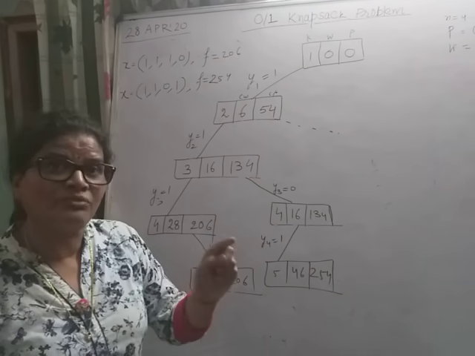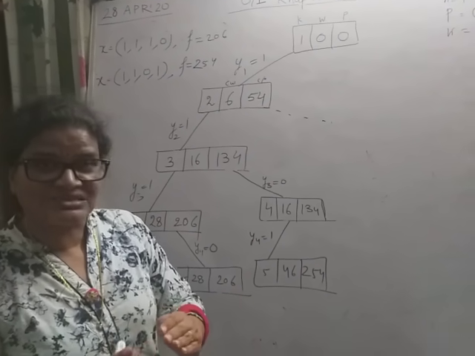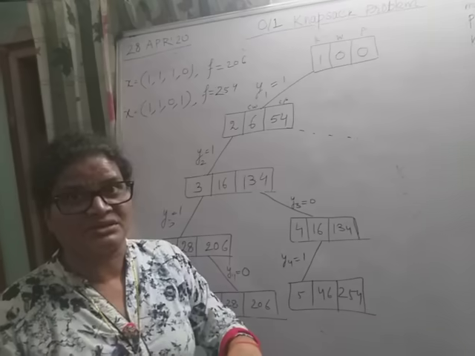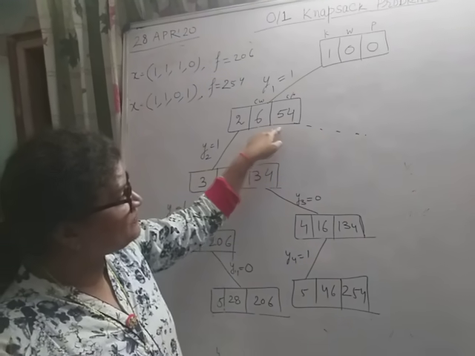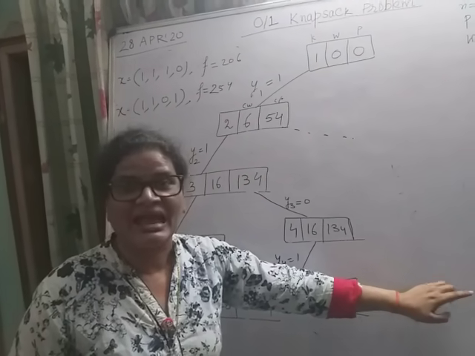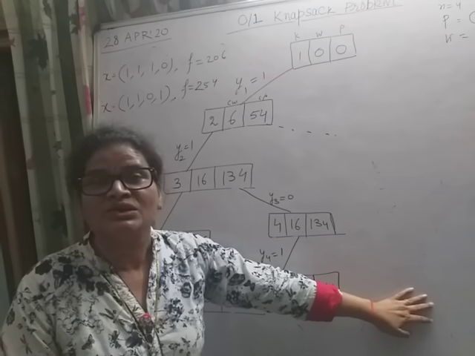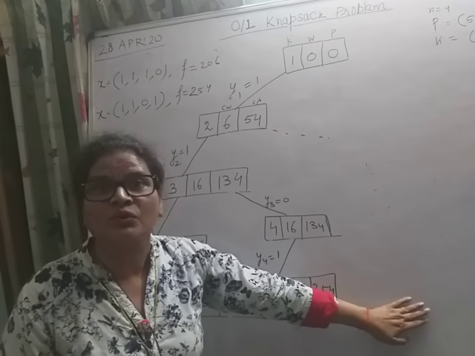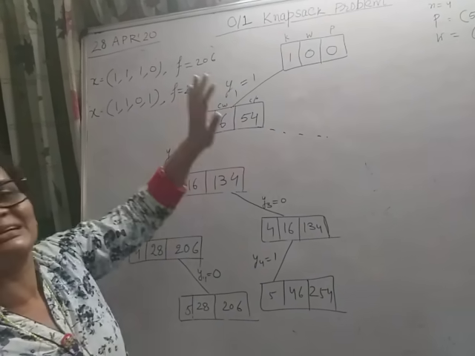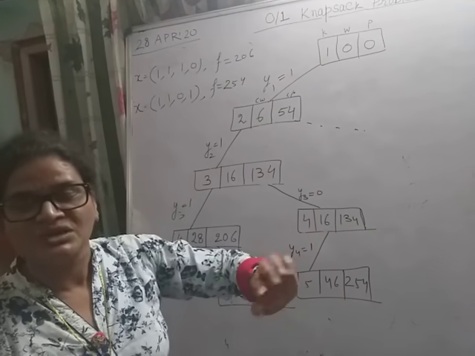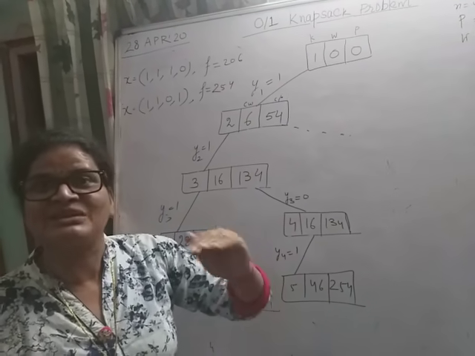But before moving to the right branch, you have to find the bound, whether moving in this direction there is a possibility to get a solution vector whose profit is greater than 254. So we apply the same relaxation.